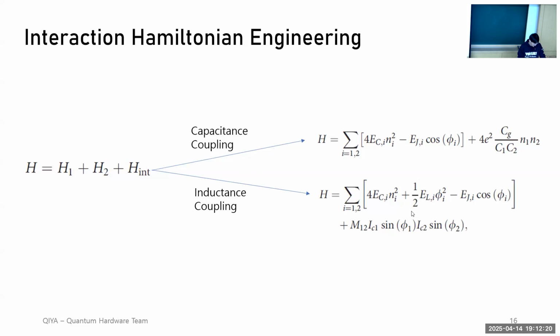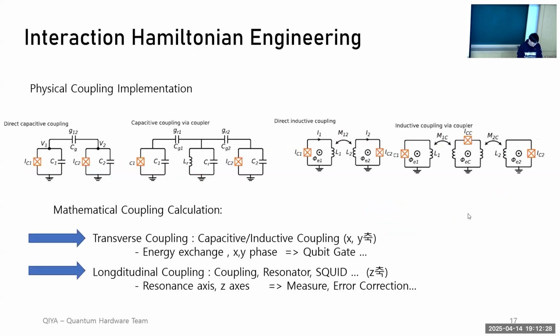This term is the interaction term in the inductance coupling. So we can physically make interactions between the superconducting qubits. These two circuits are about the capacitive coupling between the superconducting qubits. We can make an interaction capacitor between the qubits.